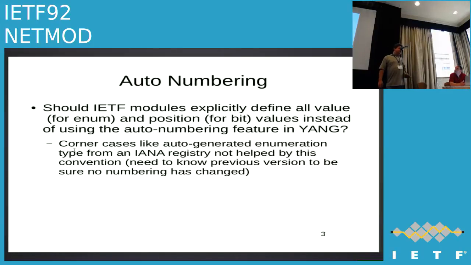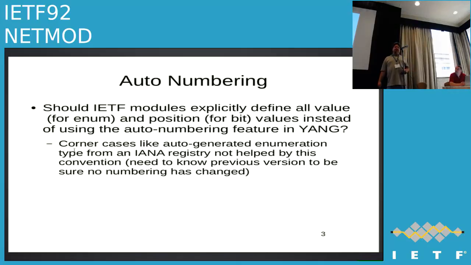This concept of auto numbering and enumerations in YANG. Jürgen suggested on the mailing list that we could have a guideline that says that IETF modules have to be explicitly numbered.